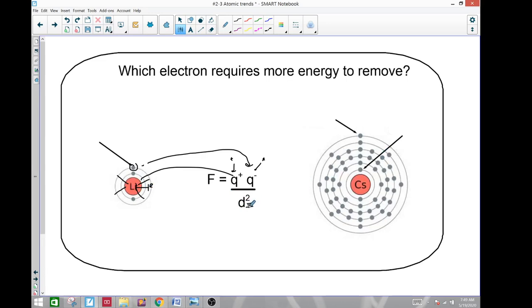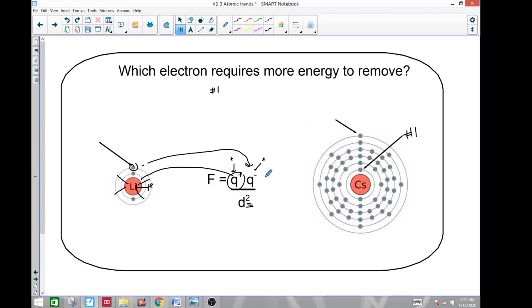So which one's the hardest to remove? Let's go number one for the one that's hardest. That's going to be this guy. Why? It's got the most charge.